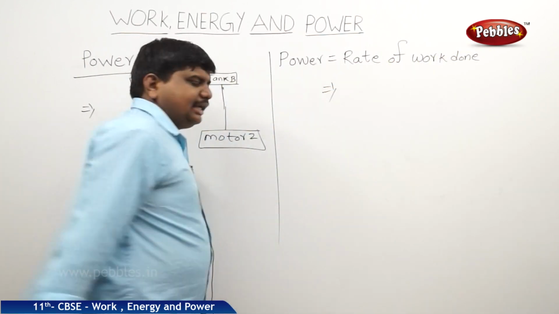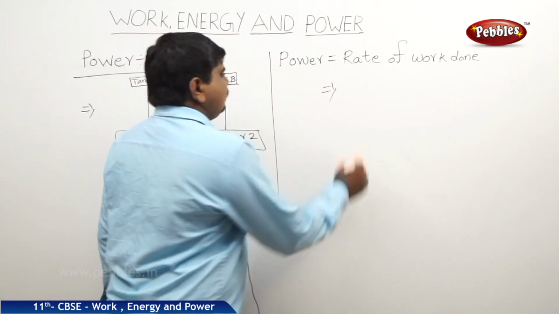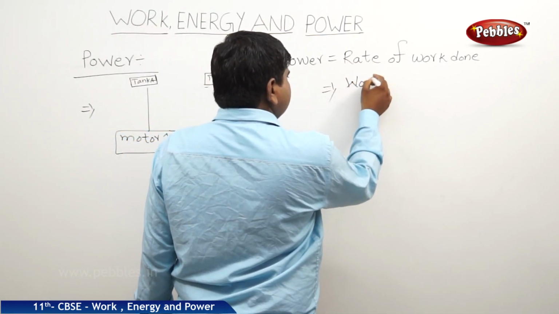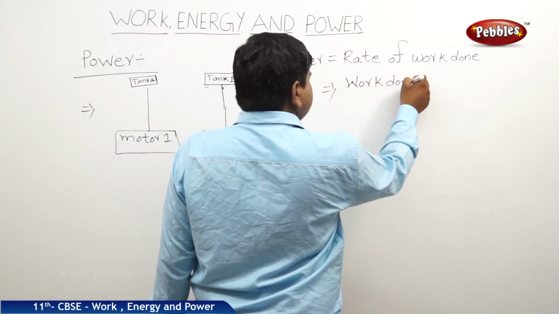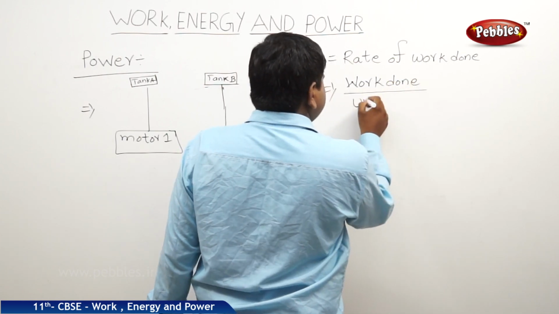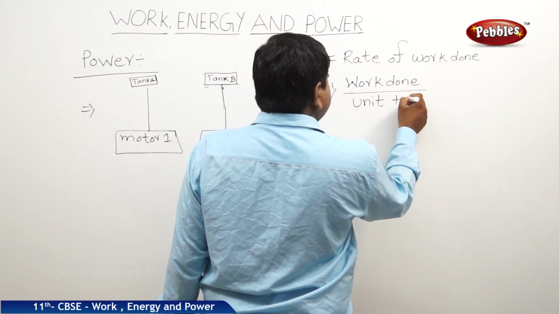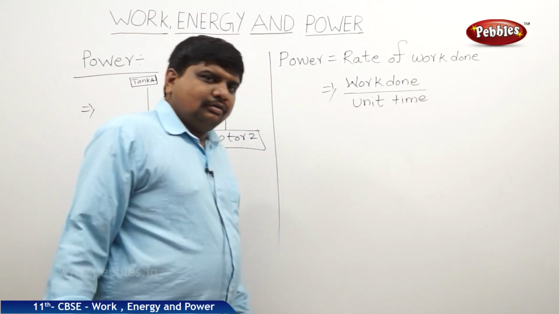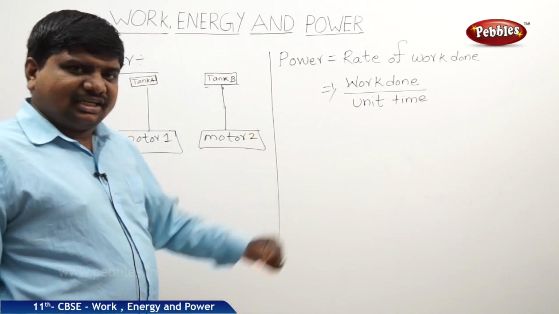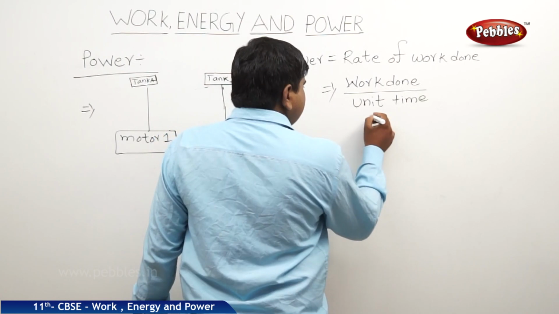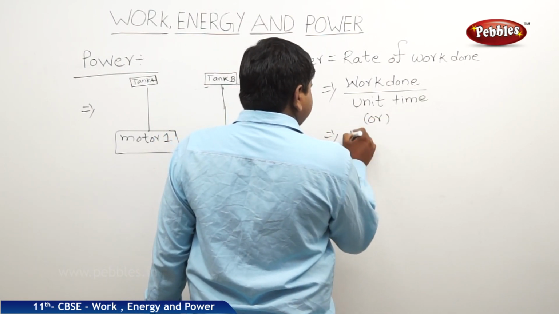Rate of means divided by time, so therefore work done per unit time. Work done is similar to the energy consumed, therefore it is also written as energy consumed per unit time.